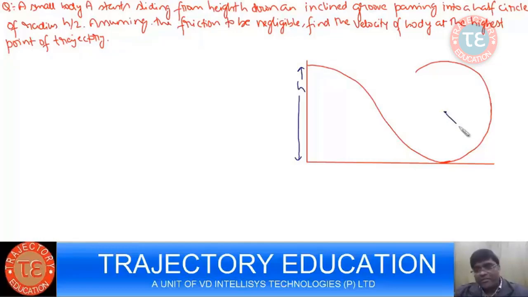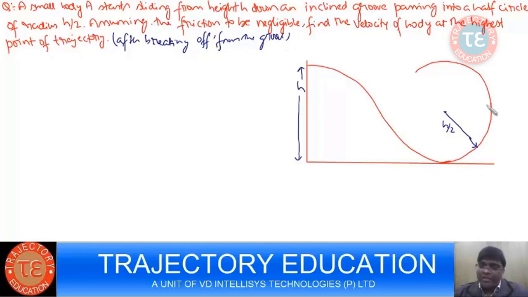This is a half circle of radius h by 2. Find the velocity of the body at the highest point of trajectory after breaking off from the groove.